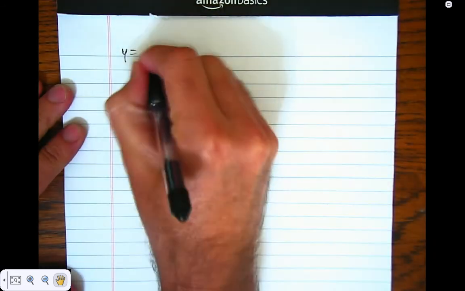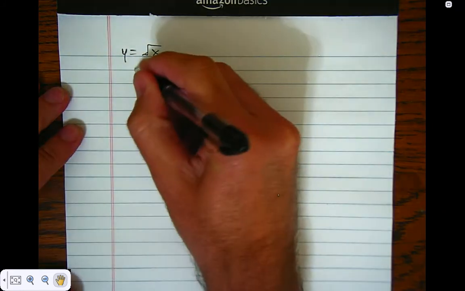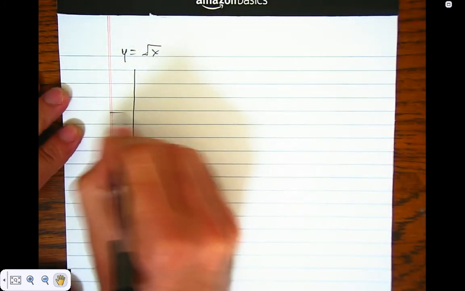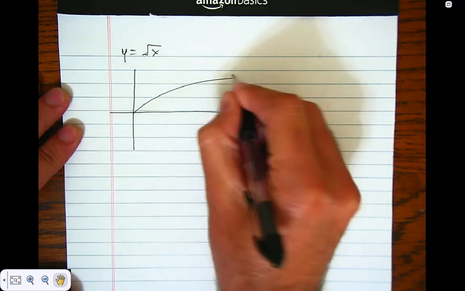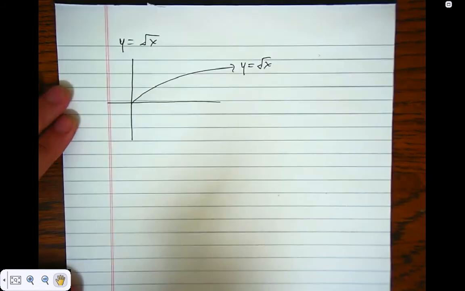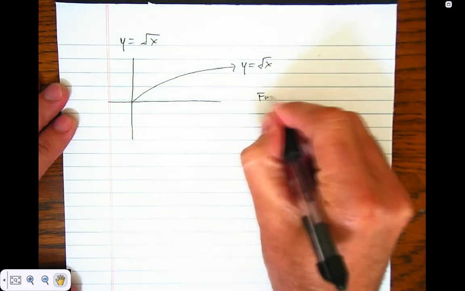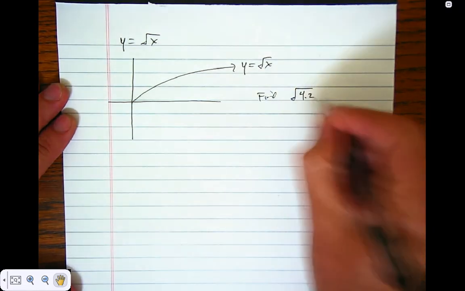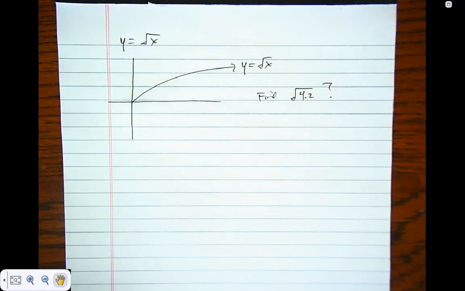The example down below talks about the square root of x function. We know some stuff about it. We know that it looks something like that. That's the function y equals the square root of x. What if I asked you to find the square root of 4.2 without a calculator?